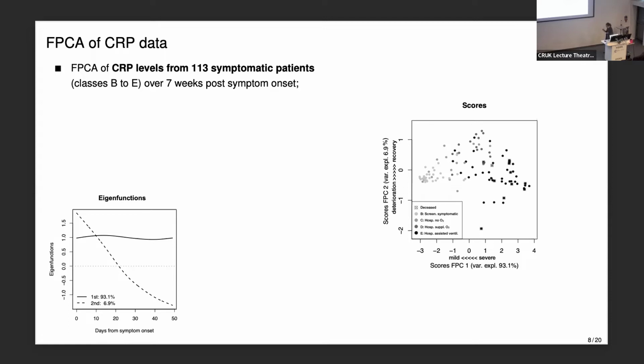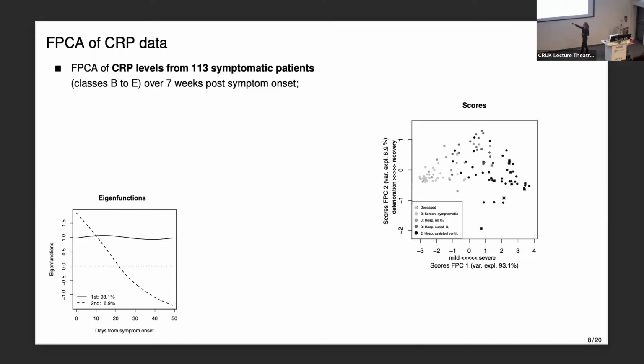the y-axis shows the scores corresponding to the second eigenfunction. Now, it turns out that these first 2 eigenfunctions have very nice interpretations in the sense that they reflect important aspects of inflammation trajectories. Right? So, in fact, the first eigenfunction is a proxy for the severity of inflammation.